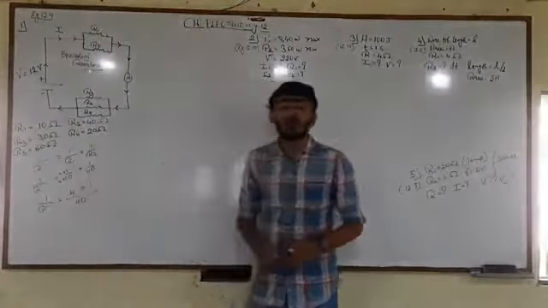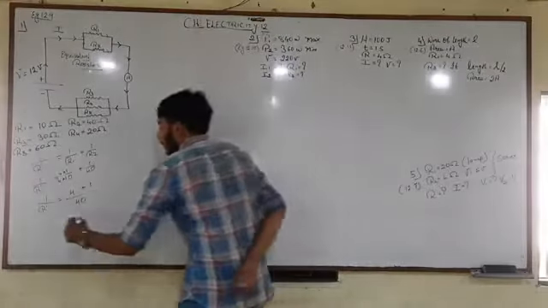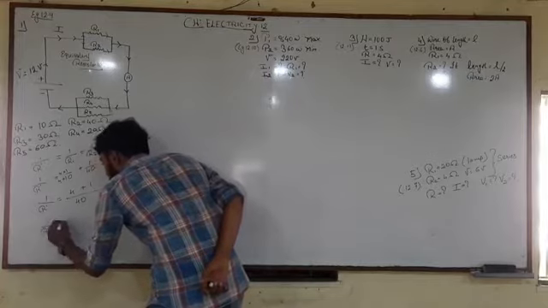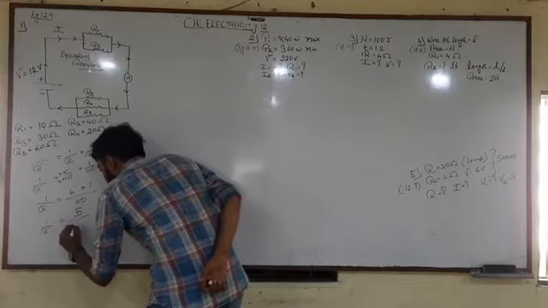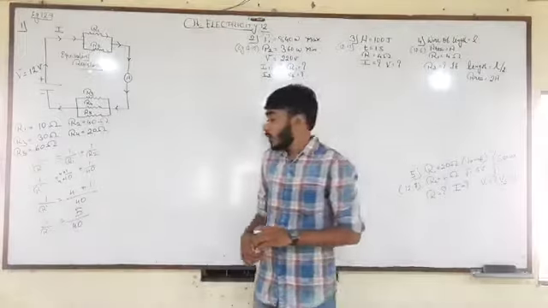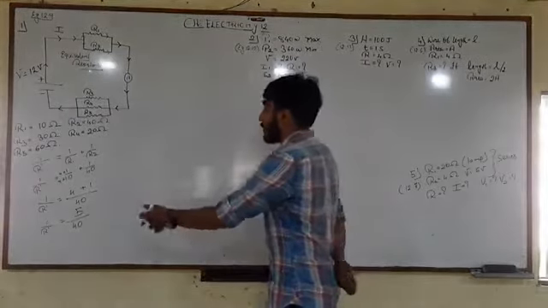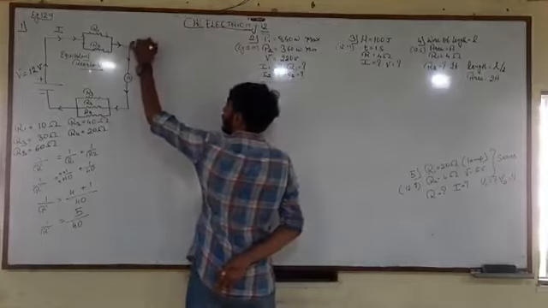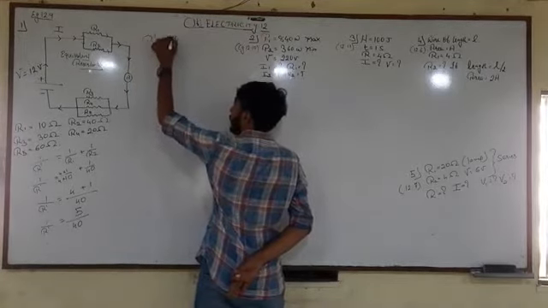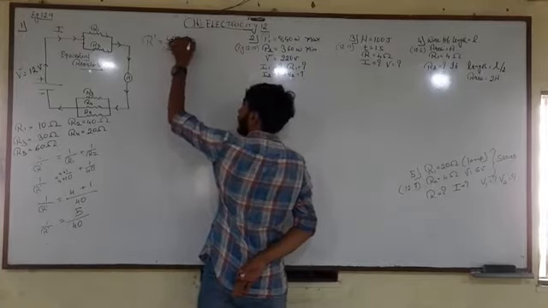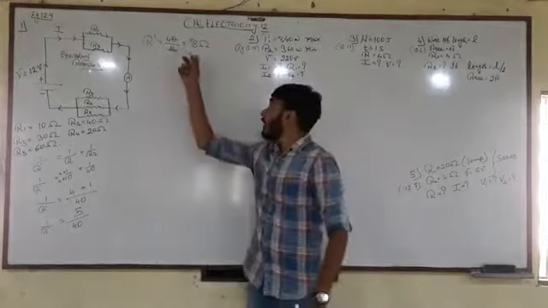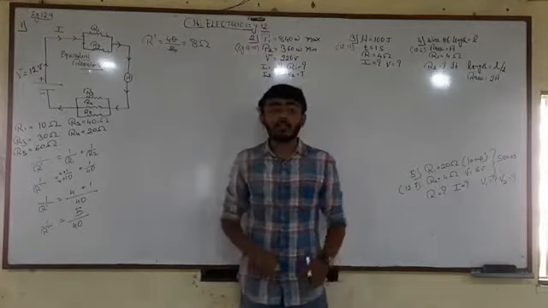Now 1 upon R prime will be 5 upon 40. We can reciprocate this, so R prime is equal to 40 upon 5, and this is 8 ohm. So we got the value of R prime, that is 8 ohm.